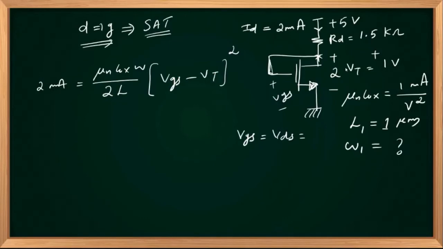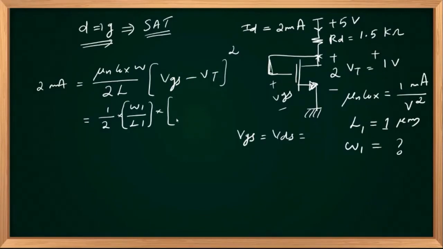That's equal to VGS. And the constant given is mu n Cox, 1. So 1 by 2, W1 is to be identified, divided by L1, right? Multiplied by VGS minus VT. VGS is 2, minus VT is 1. L1 is 1 micrometer.